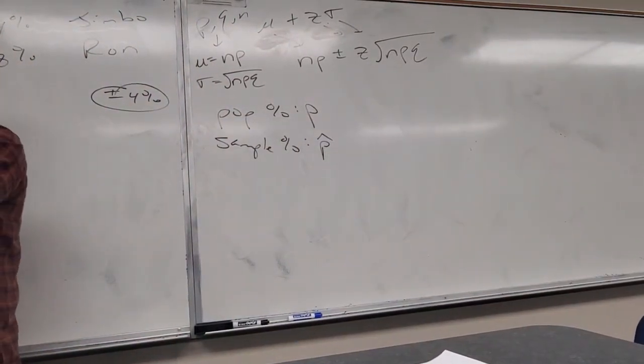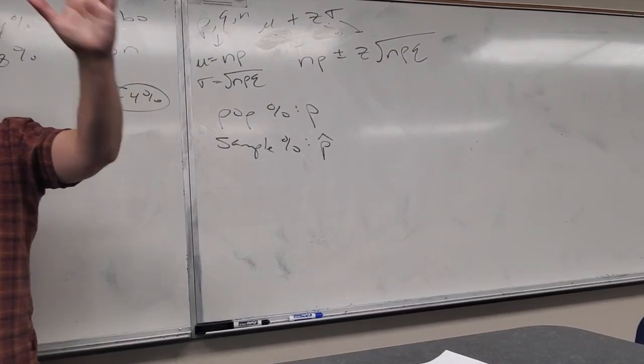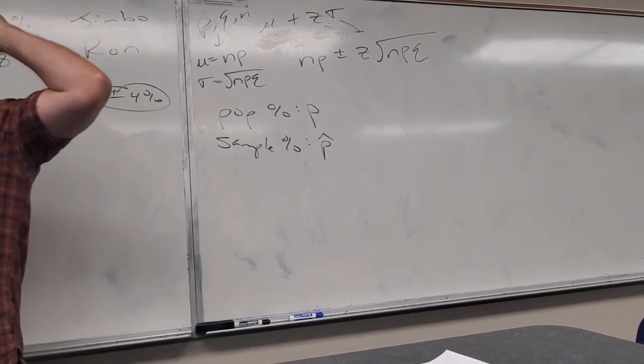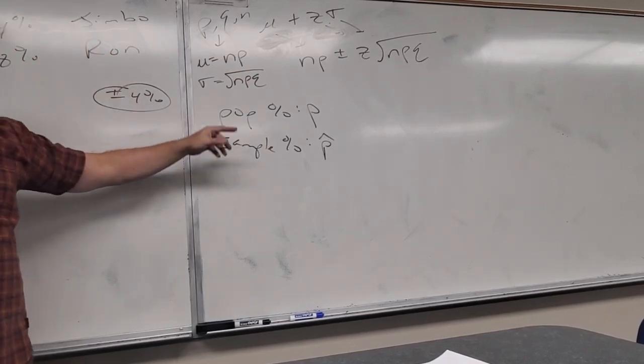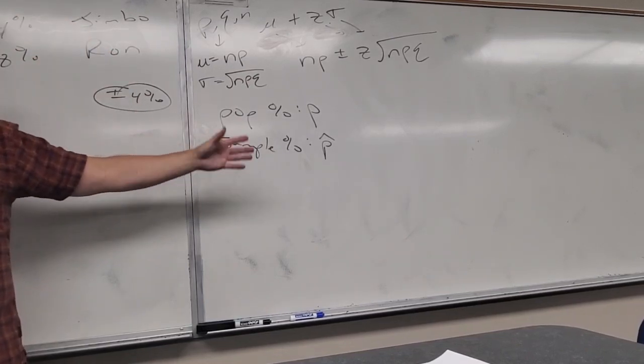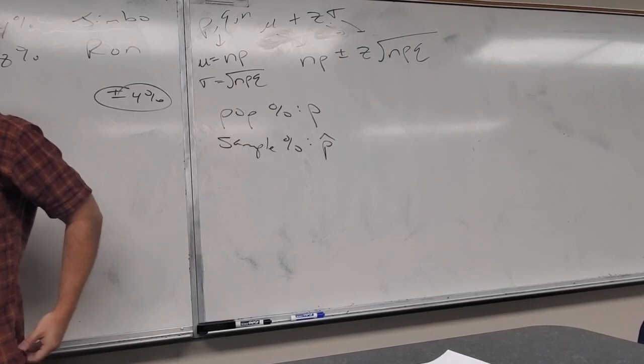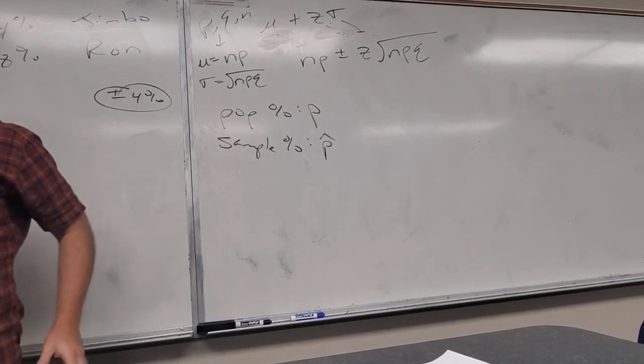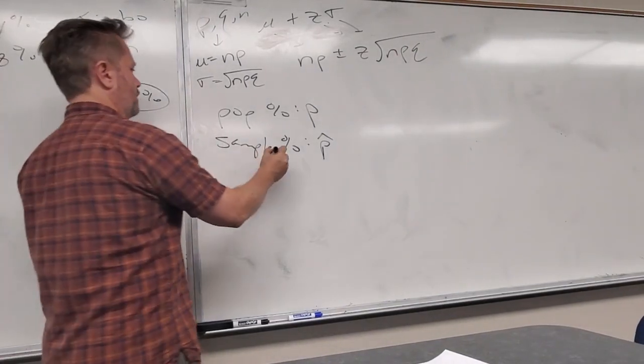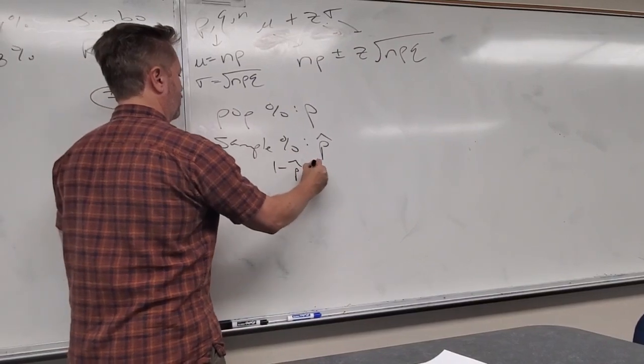Subtract from 1. So P and Q have to add to 1, whatever they're wearing. Thankfully, they're not going to wear other clothes. So 1 minus P hat will give me Q hat.